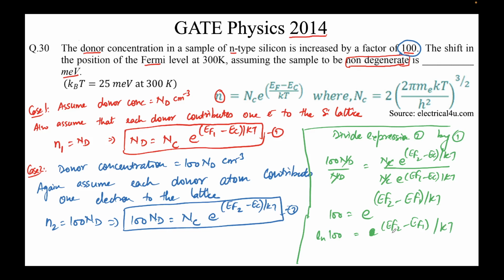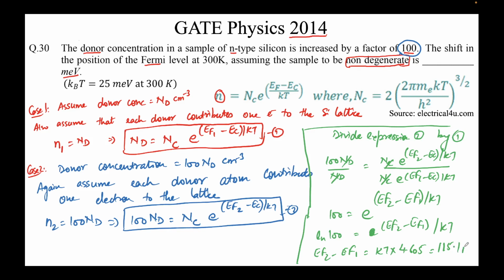Now let me calculate the value of ln 100. ln 100 is 4.6. So I get EF2 minus EF1 is equal to kT times 4.605. Now we know the value of kT, that's been given as 25 meV. So I'll simply plug in this value of kT as 25 meV.